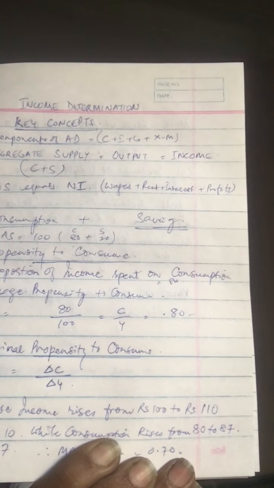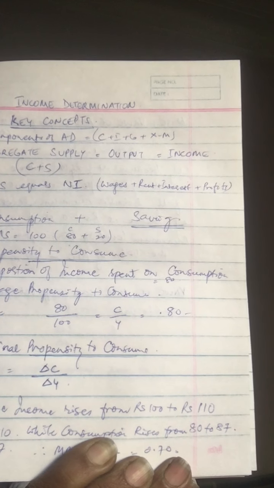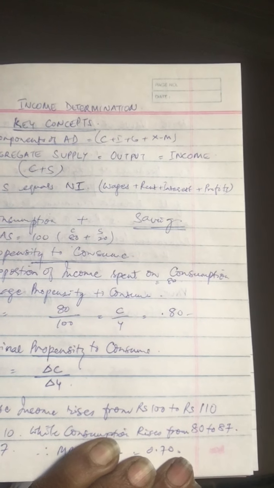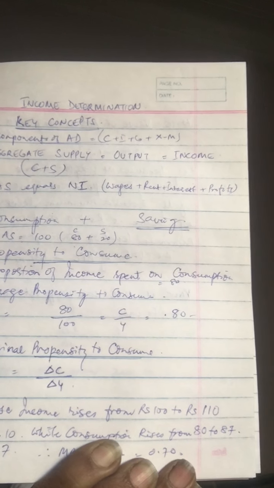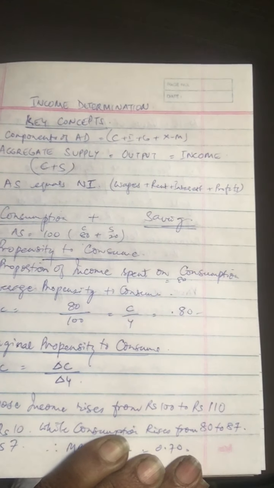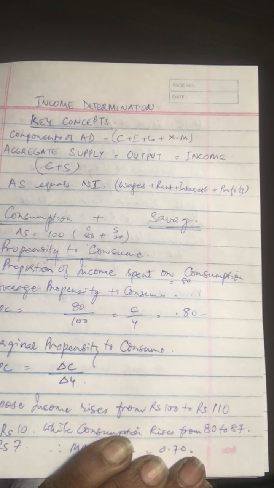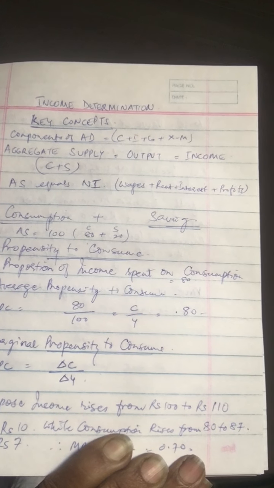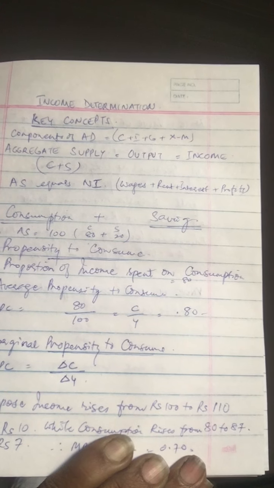And marginal propensity to save is the proportion of change in saving to a change in income. So delta S by delta Y is known as marginal propensity to save.